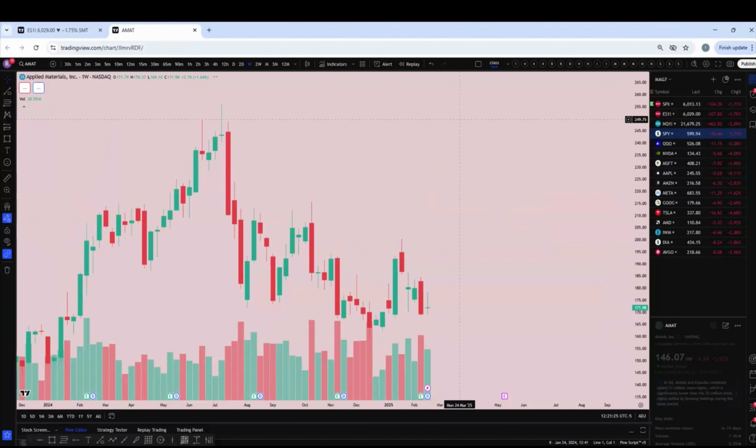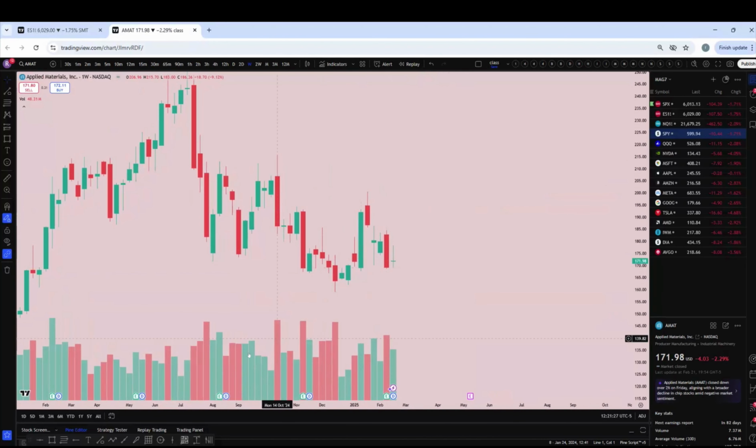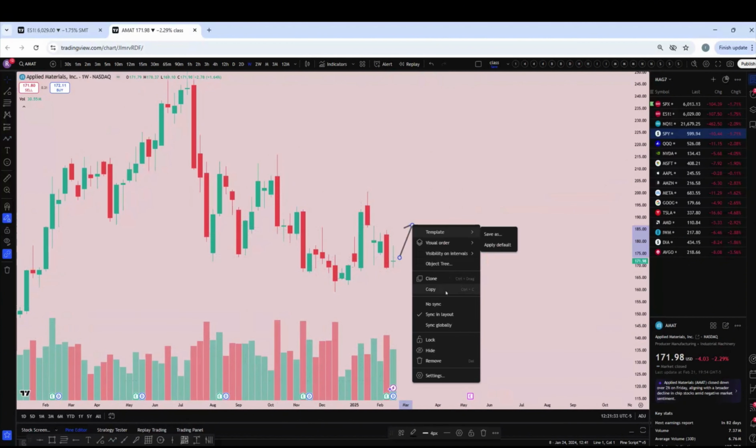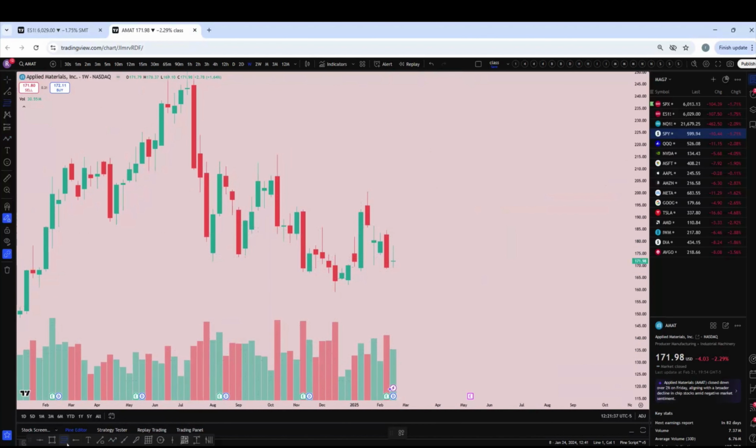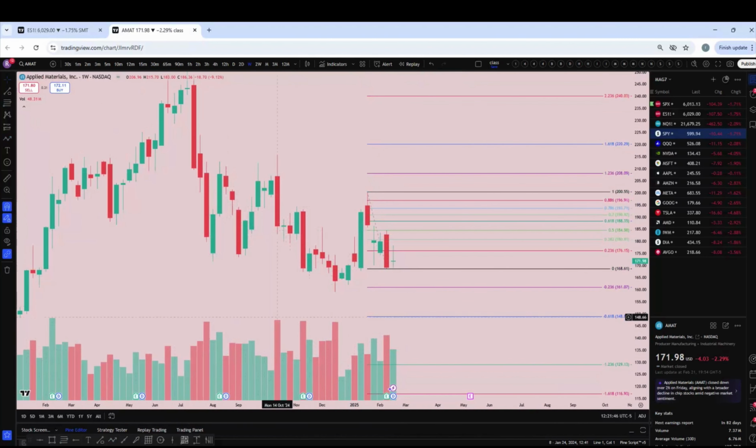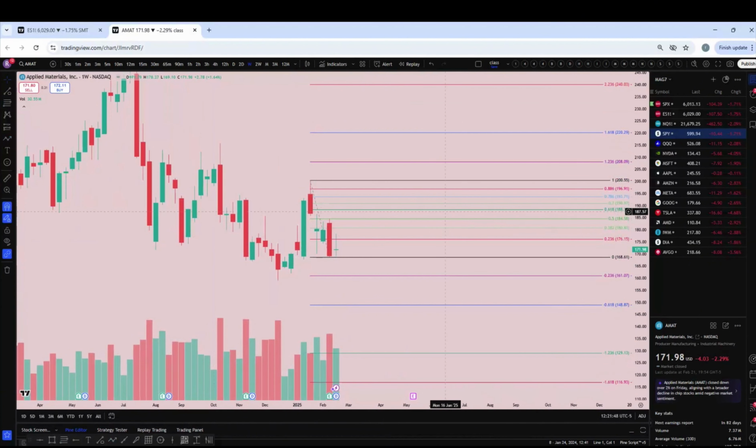And then for AMAT, that's going down. For AMAT, it would be going up, right? So it would be inside print, gap up and go, right? And so for AMAT, my targets would be, that I marked them on here.